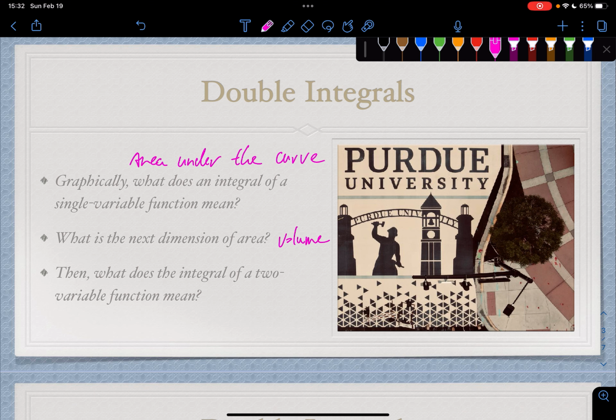But if the integrand is anything else, for example, a height of a function at a certain location, then we would be multiplying the height by the area. So graphically, the integral of a two-variable function means volume under the region.